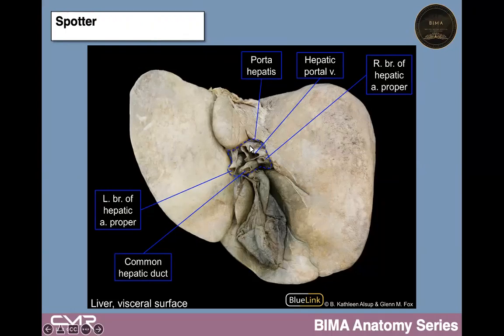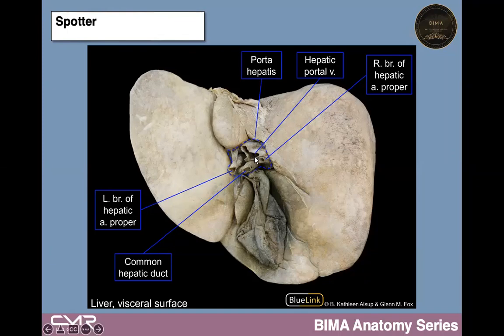So the first one is obviously the porta hepatis. So this is the entire vasculature of the liver. On this aspect, the most superior aspect, you've got the vein, so the hepatic portal vein. On the right lobe of the liver, the furthermost one that I like to associate this with is usually the branch of the right hepatic artery proper.